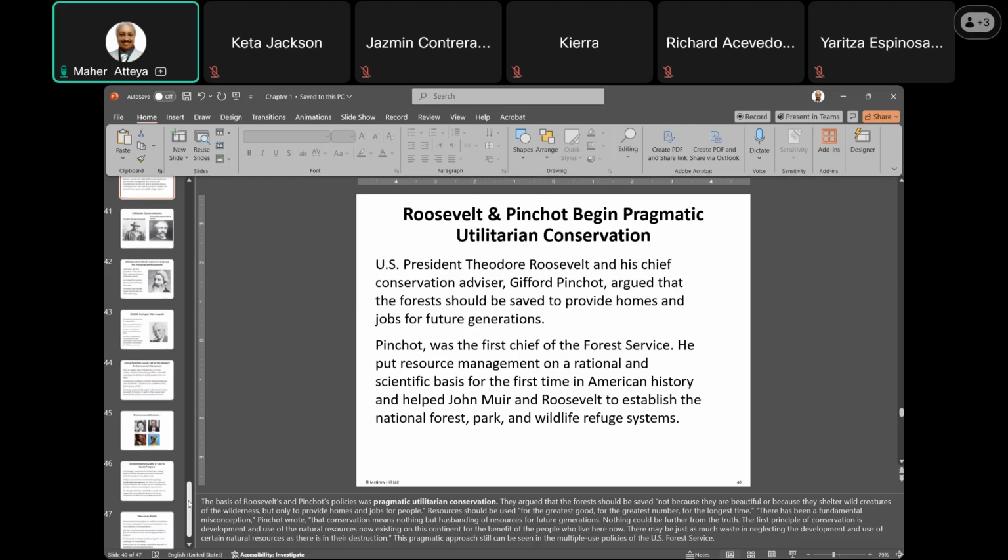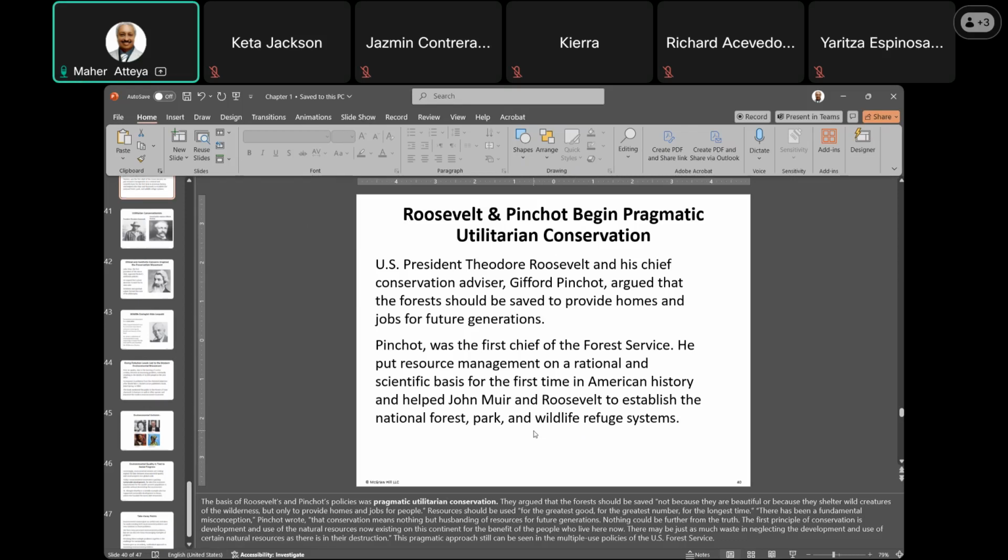They used the help of other people who had contributed as well. And you can see John Muir and Roosevelt established the National Forest Park Wildlife Refuge System.